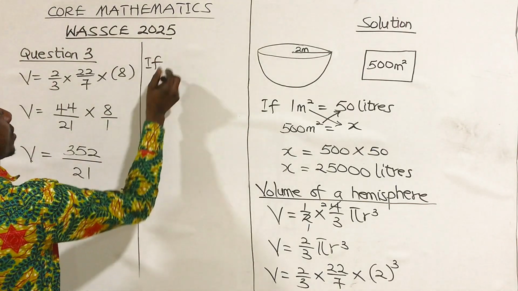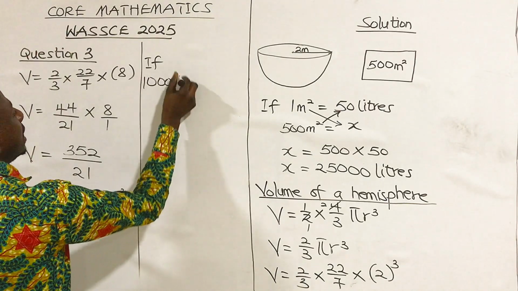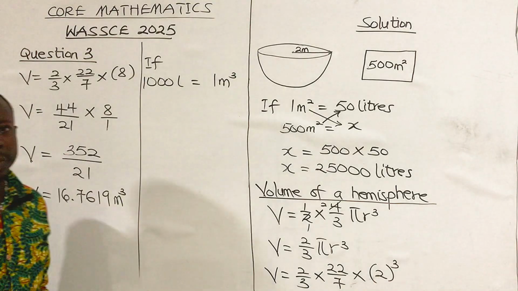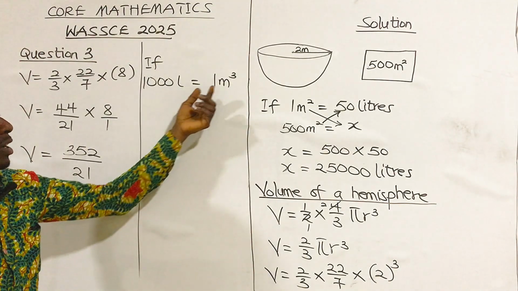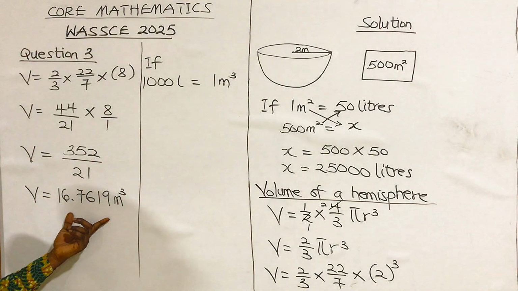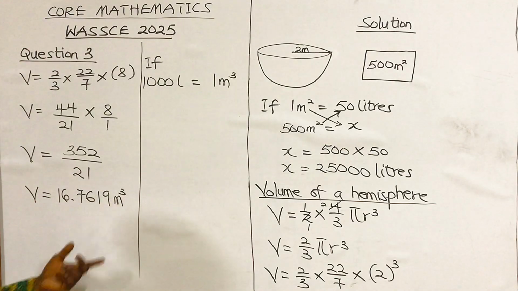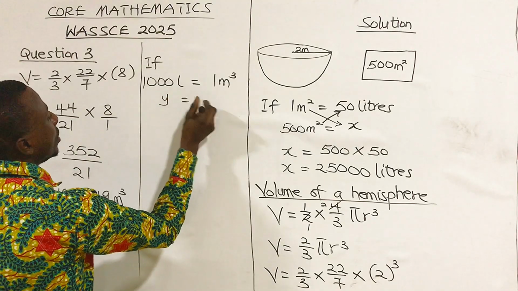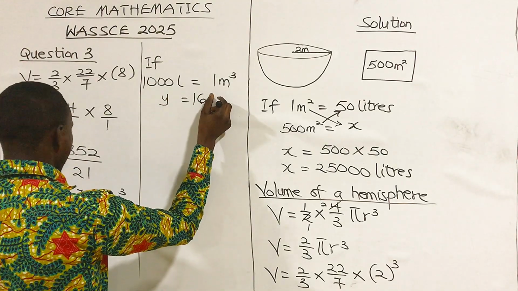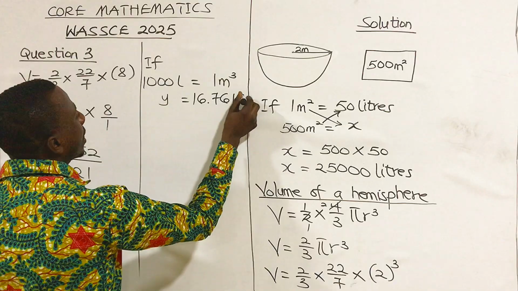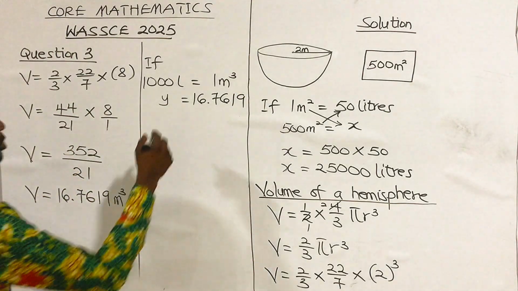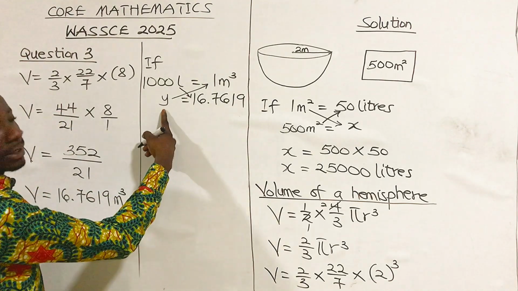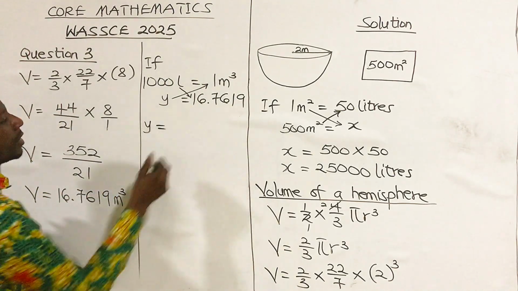We don't know, so let's put a variable there. Let's say y. So from here we are going to cross multiply. y times 1, we still have y.